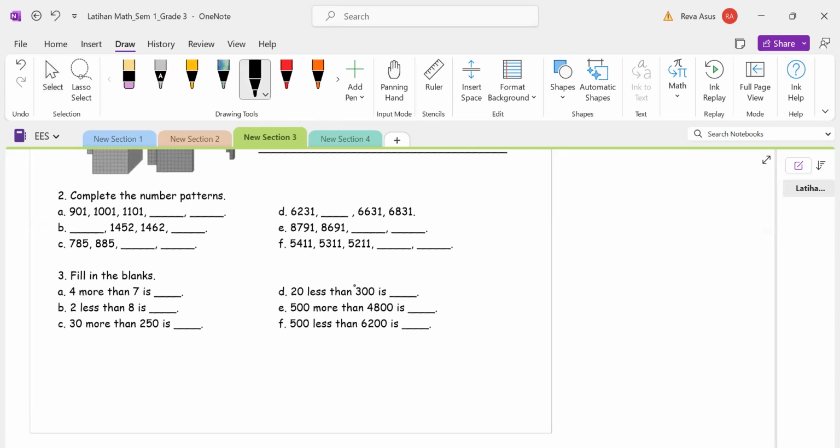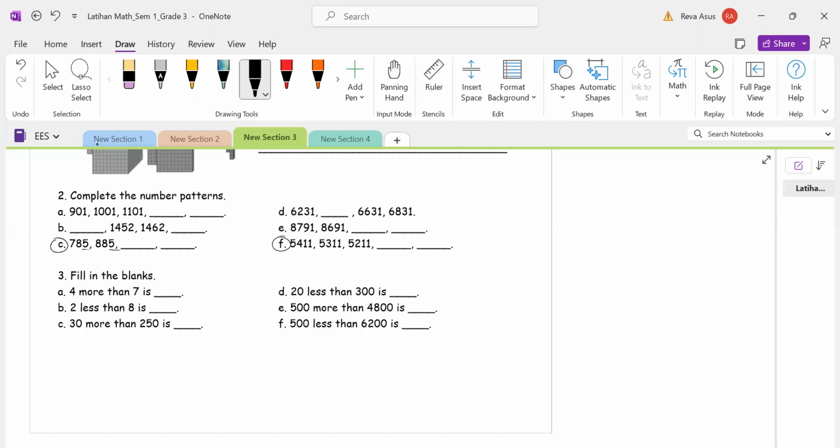So for number 2, complete the number patterns. I'll start from C and F. You can see the C, 785, and then 885. It goes bigger. Yes, it's going to be plus. But plus what? Look at here.